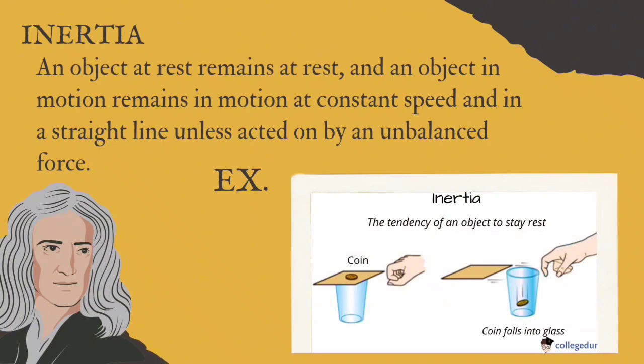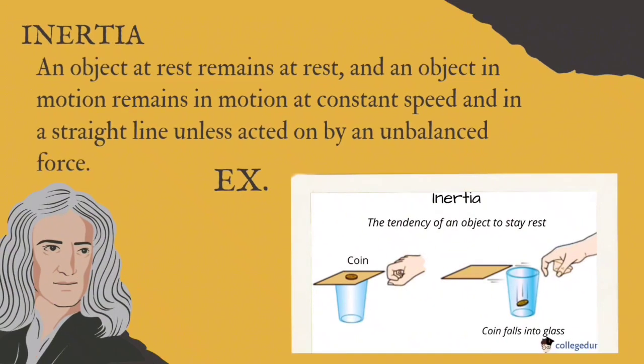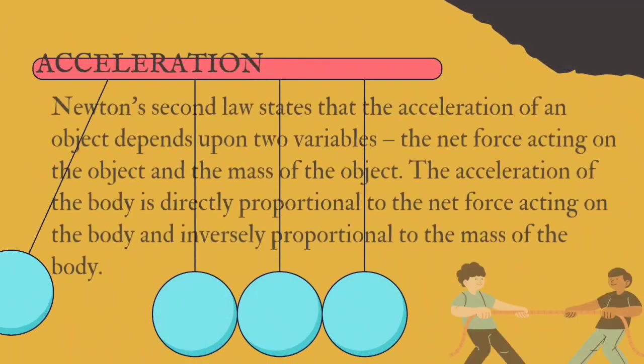This phenomenon is due to the coin's inertia, which is its resistance to changes in its state of motion. When the card is quickly removed, the coin tends to maintain its state of rest due to its inertia. Thus, it falls straight down into the glass, as per Newton's law of motion, which states that an object at rest will remain at rest unless acted on by an external force. Secondly is acceleration.